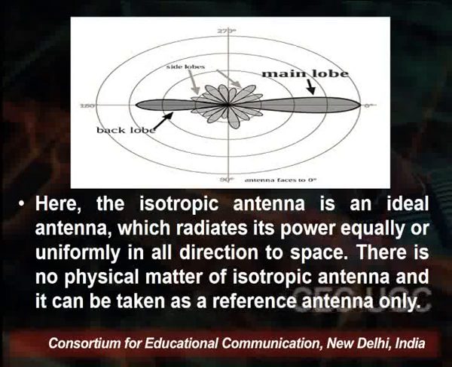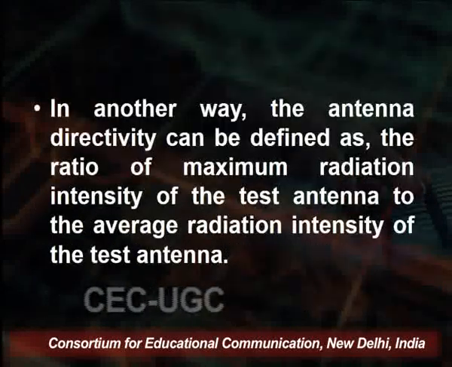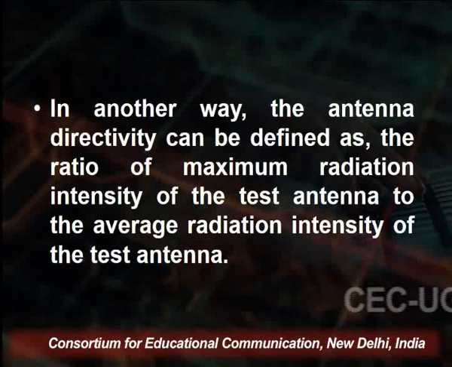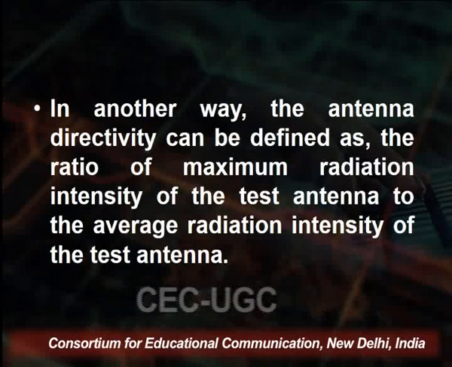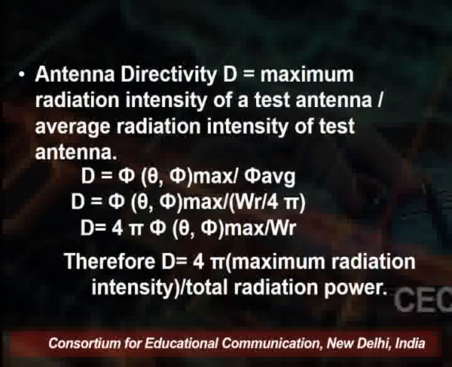There is no physical existence of the isotropic antenna and it can be taken as a reference antenna only. So, in other words, the antenna directivity can be defined as the ratio of the maximum radiation intensity of the test antenna to the average radiation intensity of the test antenna. Maximum radiation intensity to the average radiation intensity.